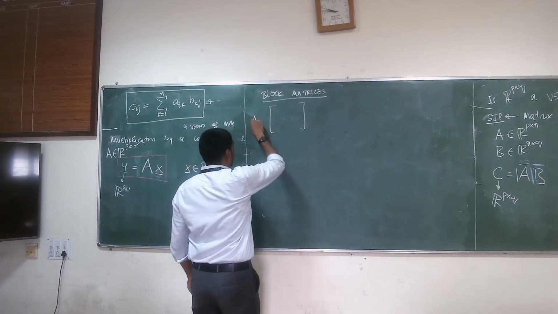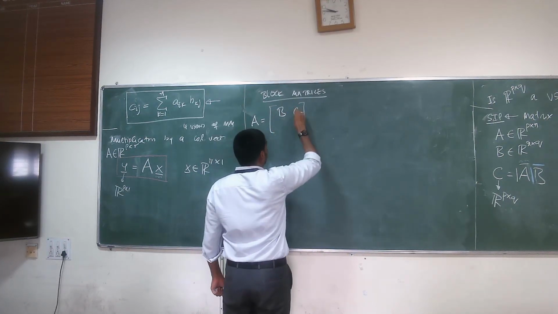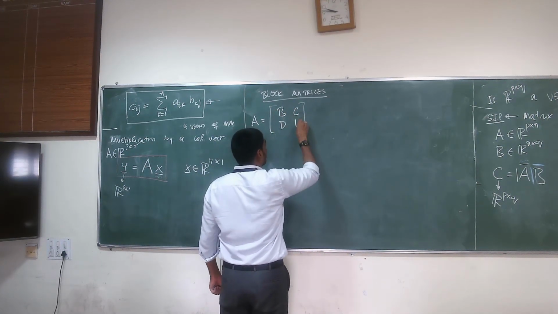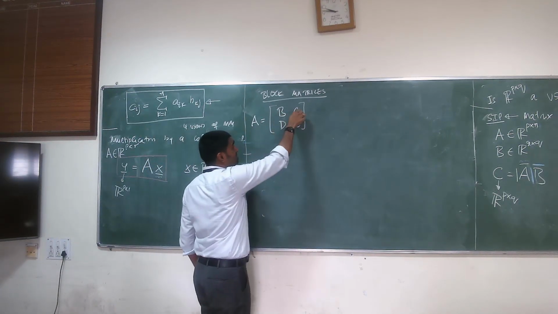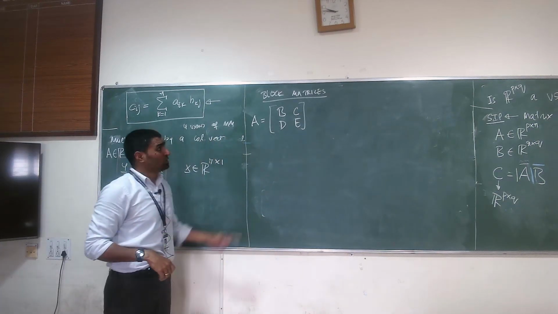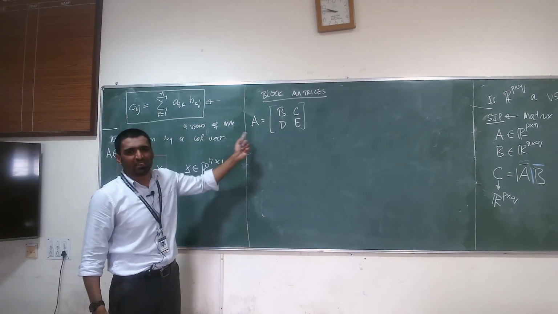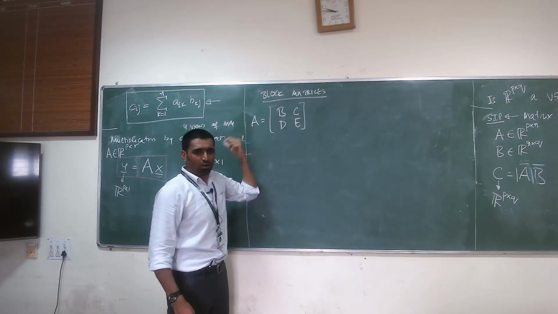Let's say I have a matrix A. Often it's convenient to write a matrix A like this, where the individual elements themselves are smaller matrices. Whenever you express a matrix like this, this is called a block matrix.